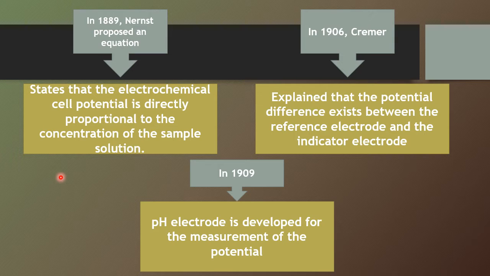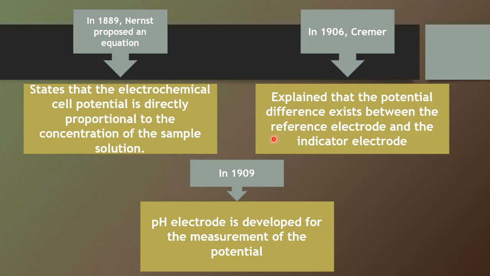So he proposed the equation on the basis of which he said that the electrochemical potential of any cell, or what we say the electrical properties of any analyte, depends on its concentration present in the solution in the cell. Later on, in 1906, another scientist named Cremer explained that the potential difference existing between the two different electrodes is responsible for the electrical properties of the analyte.